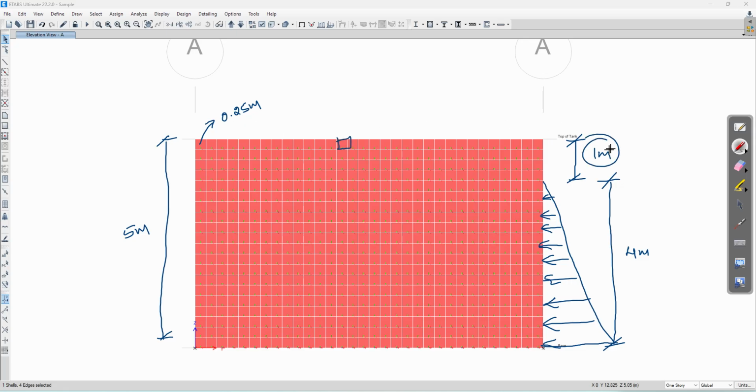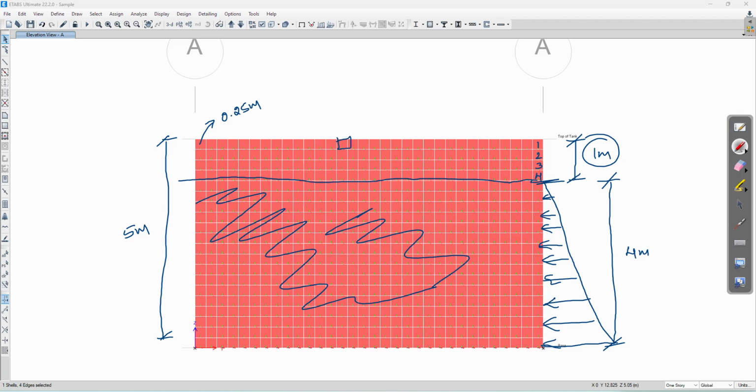So for 1 meter length, you need to leave 4 elements from the top. So 2, 3, 4. So soil pressure is acting on these areas only. So this much of wall is subjected to soil pressure from outside.